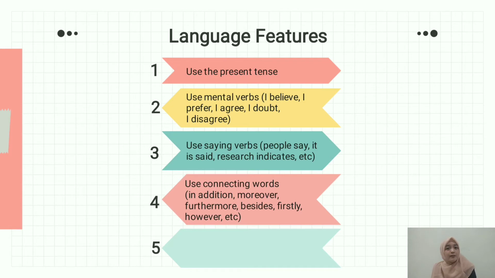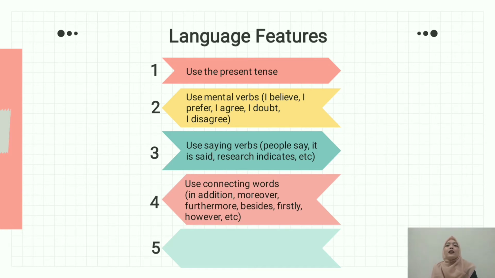Moreover, furthermore bisa digunakan untuk menambahkan informasi. And then besides, firstly. Nah, firstly ini biasanya seperti pertama-tama, terus dilanjutkan lagi secondly, seperti itu, okay? Terus bisa however yang artinya namun.